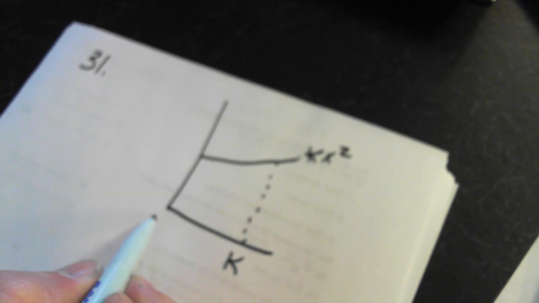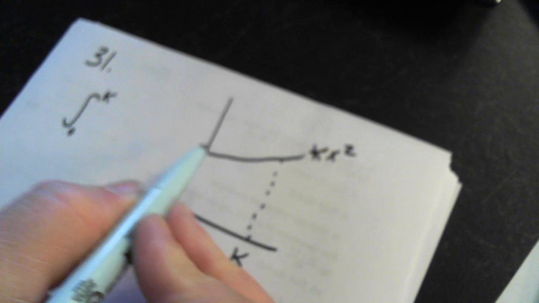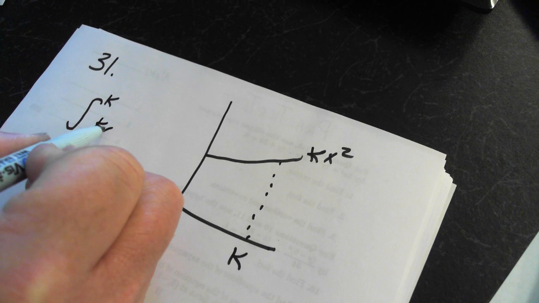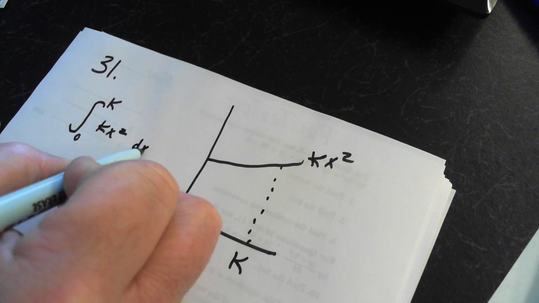We want to talk about the area under the curve of y equals kx squared. So if this is the curve of kx squared from 0 to k, the way you would find this area under the curve is you would just do an integral from 0 to k of the formula for the top of it, kx squared, dx.